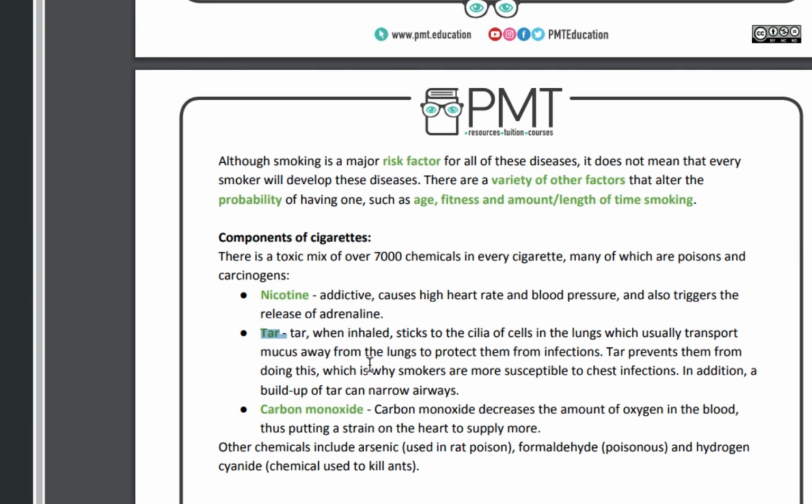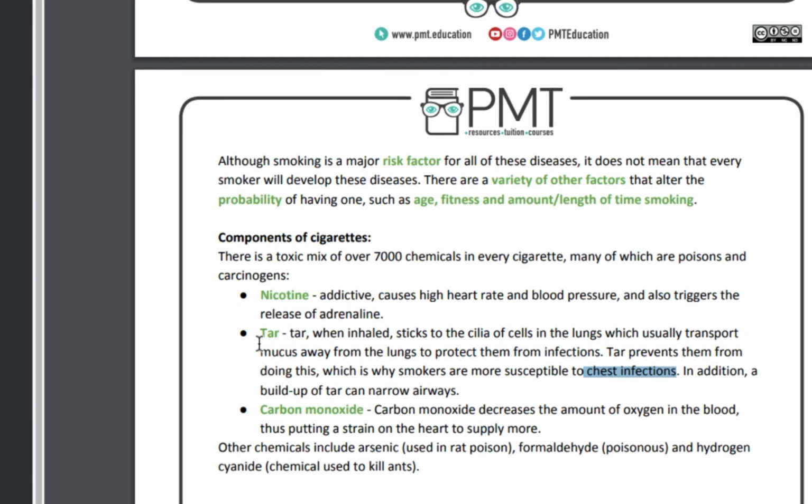The lungs will now be vulnerable to infections. This is why smokers are more susceptible to chest infections, because the tar sticks to it and prevents mucus from being taken away. So when you smoke, you've made yourself vulnerable to chest infections more often.